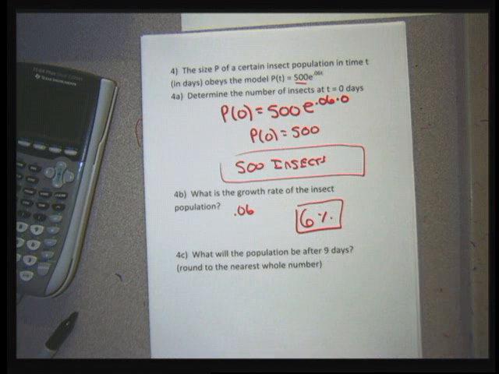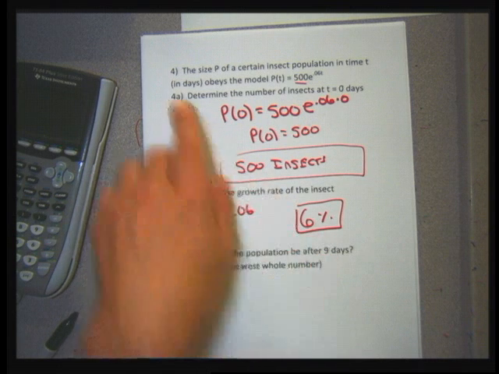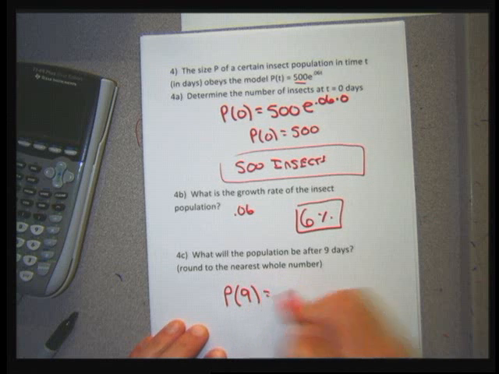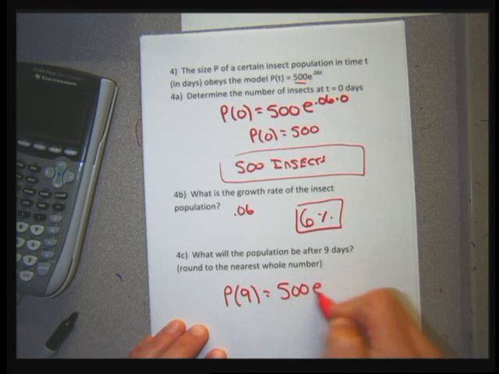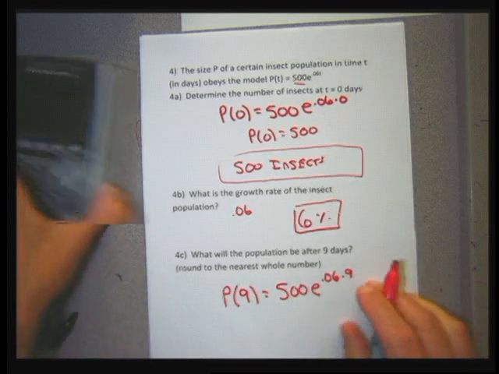So A, B, and C of number 4 are a lot like A, B, and C of number 2. They didn't really require any algebra. Part C, what's the population after 9 days? 9 stands for a t, because in this case the t's in days. I'm going to go P of 9 equals 500 times e to the 0.06 times 9, and use my calculator.